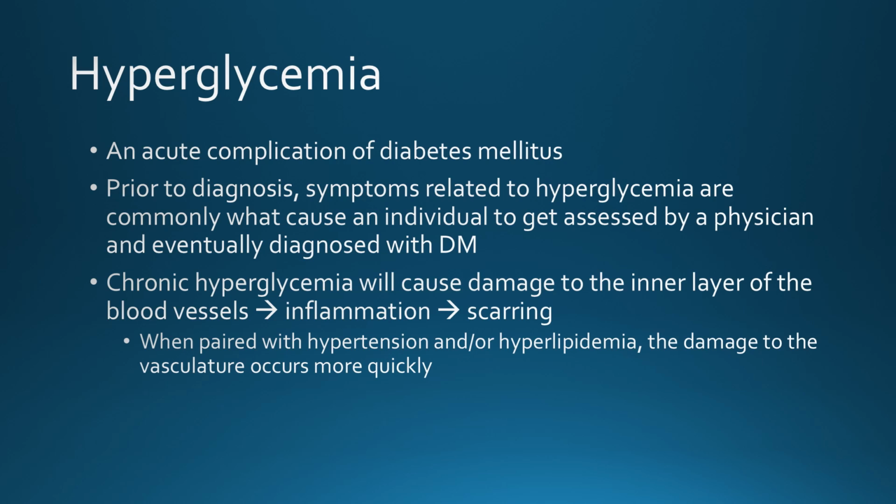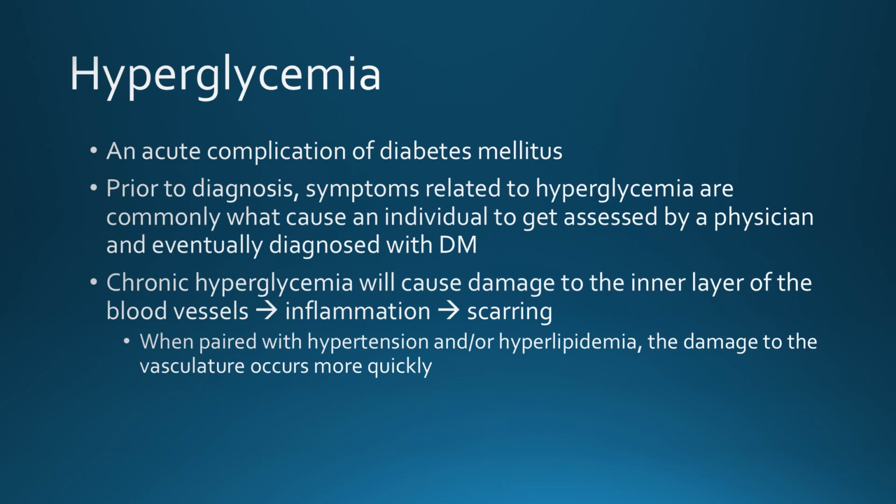So the complications that we see related to hyperglycemia all tie back to this damage to the blood vessels that can occur. Think about what could happen if the blood vessels in our brain are deteriorating or scarred and narrowing, or the blood vessels of our heart, or the blood vessels of our kidneys, okay? Blood vessels in our extremities. So perfusion can be greatly compromised as a result of this scar tissue and the narrowing that occurs in these blood vessels as a result of chronic hyperglycemia.